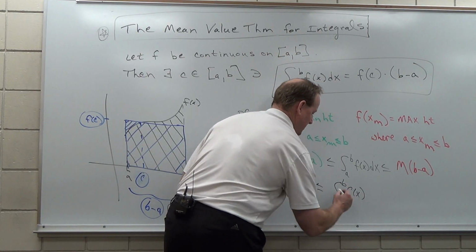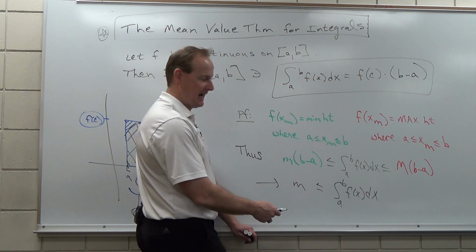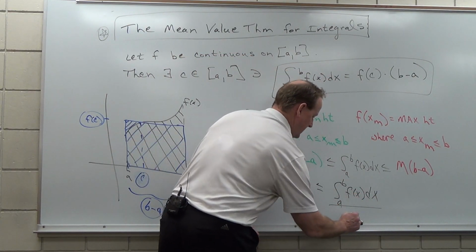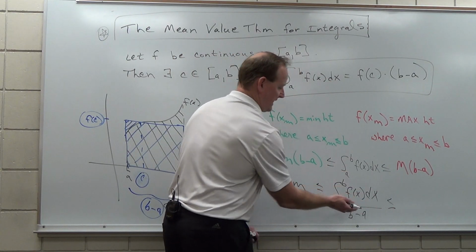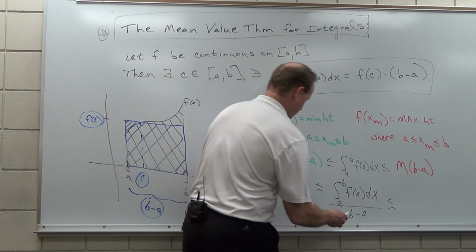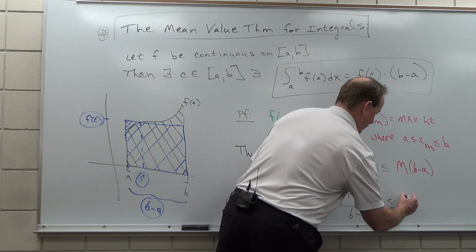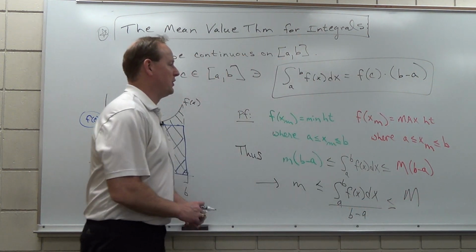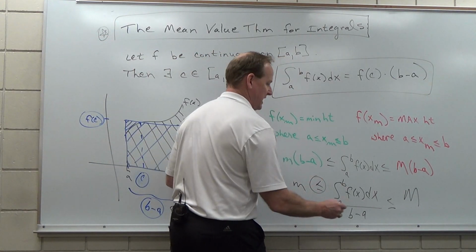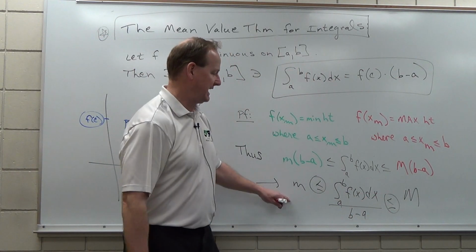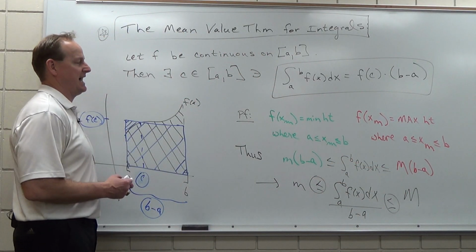So the definite integral from a to b of f of x with respect to x over b minus a, that's just some particular value divided by a constant, is less than or equal to big M, and greater than or equal to little m, right? So we do have that. And why do I know those inequalities hold? Because I'm dividing everything by a positive number since b is bigger than a, so b minus a is positive.